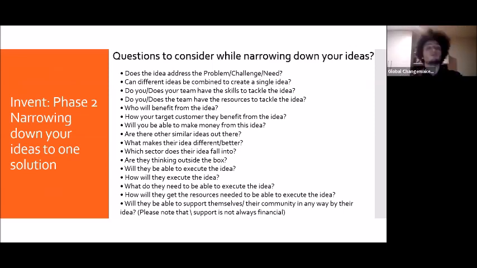Also, how is this actually tackling the problem that you stated earlier on? Is the solution the most efficient way to do it? Is this solution feasible with the resources you have right now, like your teammates and yourself? Do you have enough skills to implement the solution?